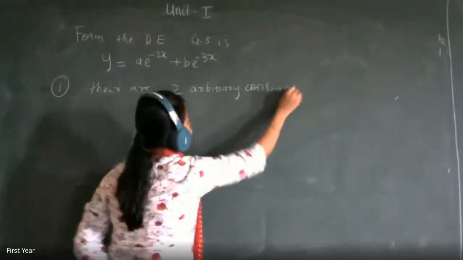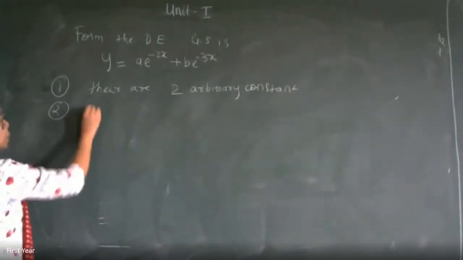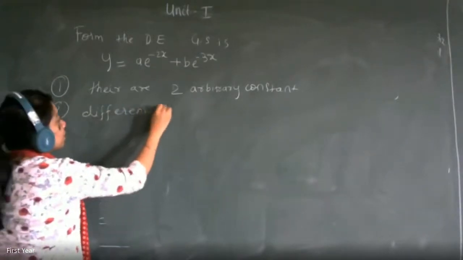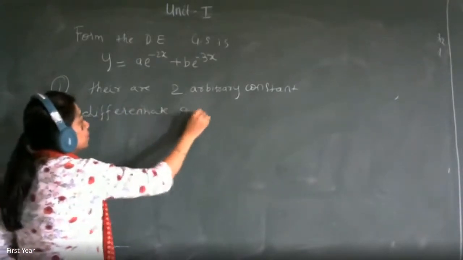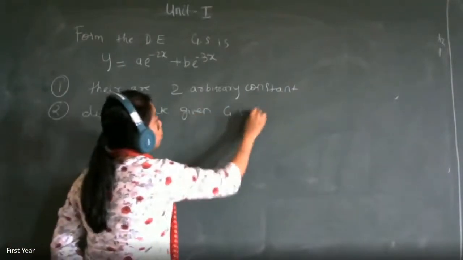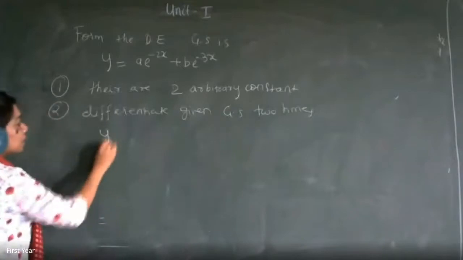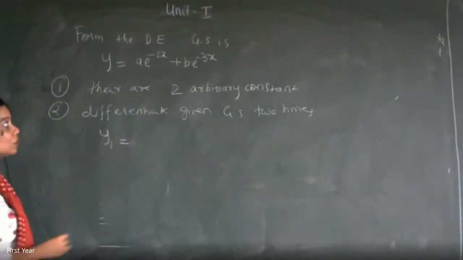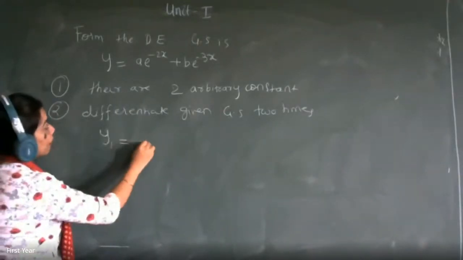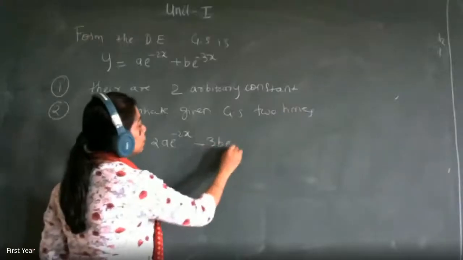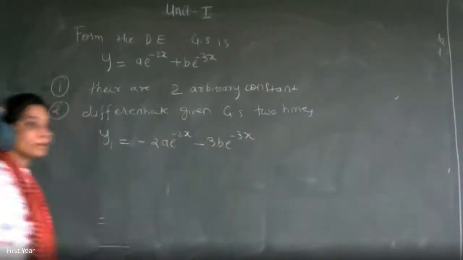Step two is differentiate the given general solution two times. So y1 is equal to minus 2a e^(-2x) minus 3b e^(-3x).